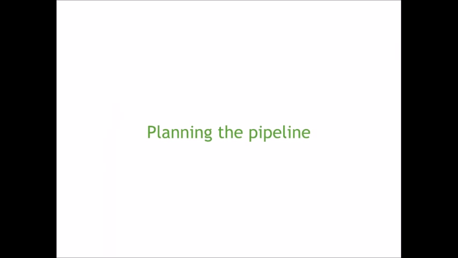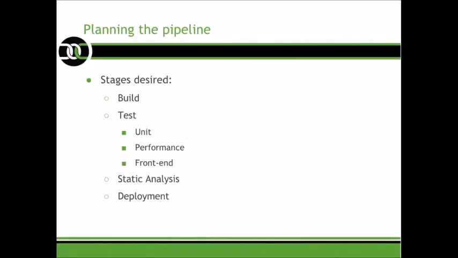Before we really dive into the code, I find it helpful to stand back and plan conceptually what I want to do with the pipeline and what I want it to look like. So in this case, partly because we have different technologies, we're going to need several different stages. Of course, we're going to need a build stage where we run the compilation of the backend, the Java.